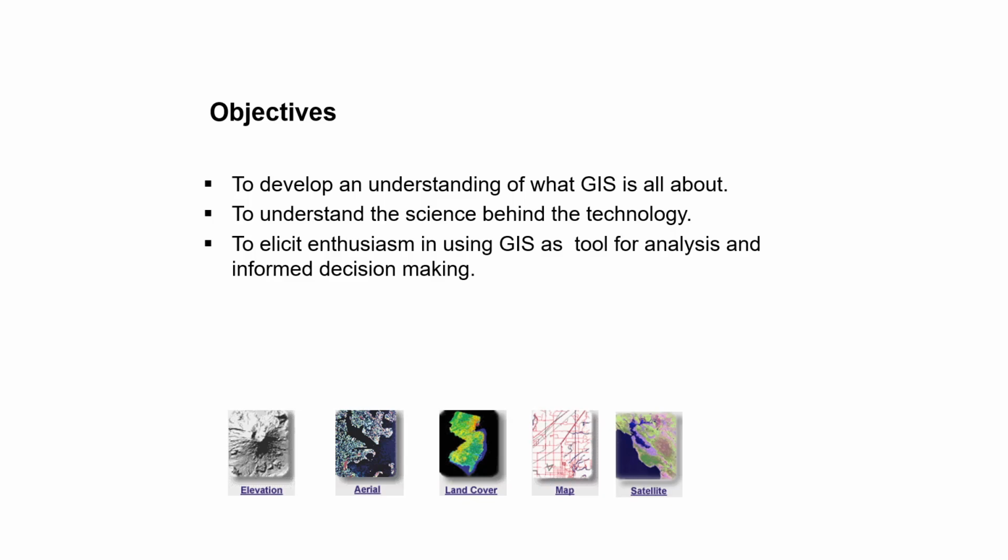Here you can see 5 examples of spatial data visualization. It's digital elevation models. It's combining and working with aerial photos, space images, land cover maps, and satellite data from spacecrafts.